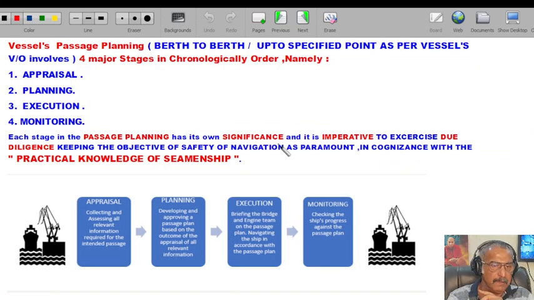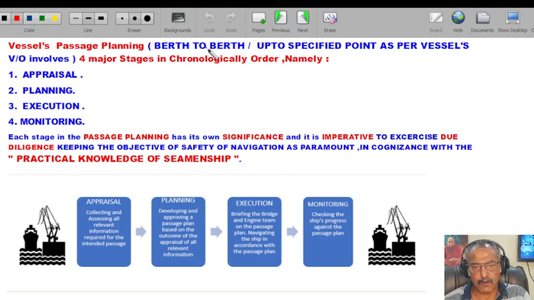Now, when we talk about passage planning, it has to be first berth to berth. In other words, for example, if a vessel is departing a port from the berth, the legs involved would be from the berth where the pilot embarks when the vessel is casting off, till the pilot drop off.